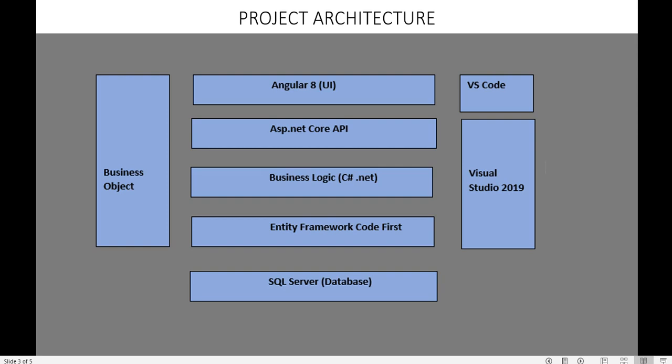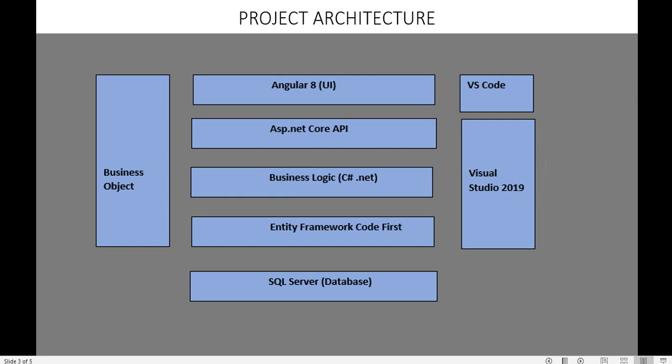This SQL database and the tables we are going to create using the Entity Framework code first approach. So we will create our entities in ASP.NET Core. Basically in Visual Studio 2019, we will create our entities, and using the NuGet Package Manager console, we will create the database and the tables which we require.